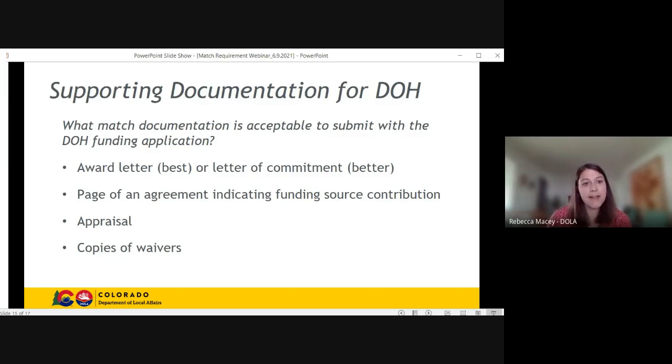Certain municipalities may have a one-time application per year, so maybe that award letter has already been received. Great, submit that with your application. If not, a letter of commitment from the funding source or funding group, whether it's a city or nonprofit, etc., is a great alternative if you don't have the award letter yet.